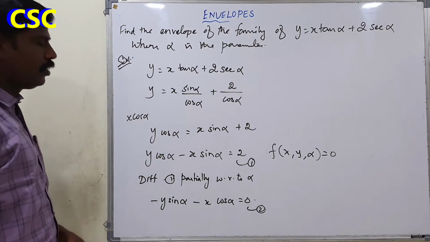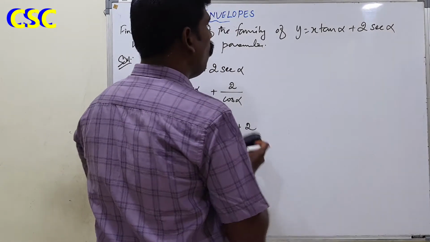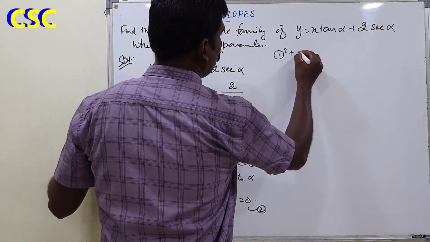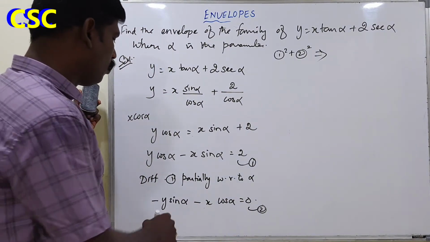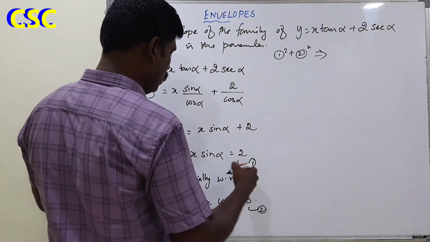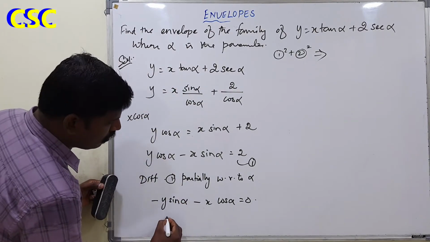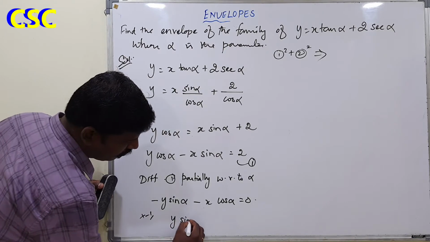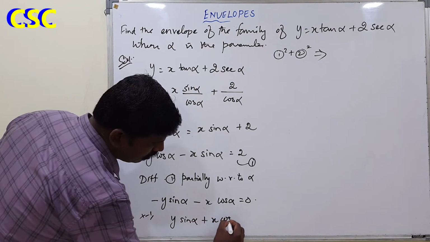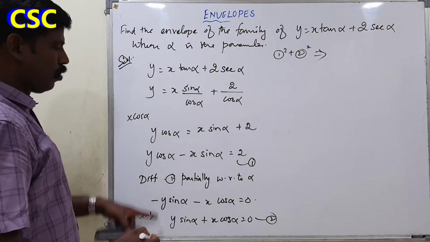Right? Squaring and adding, you can get the answer. 1 square plus 2 square. Or otherwise, you can multiply by minus 1 on both sides. What will you get? Y sin alpha plus x into cos alpha equals 0. We call it equation number 2. Okay? Right? So now square and add.